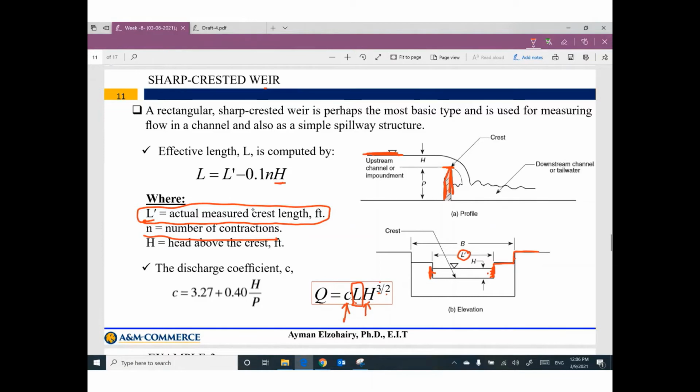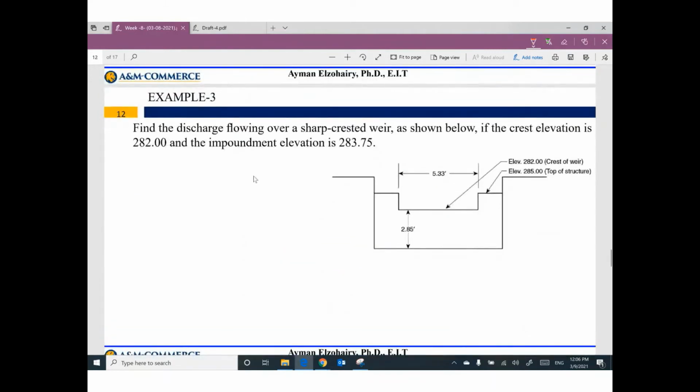H is the water height above the crest of the weir.